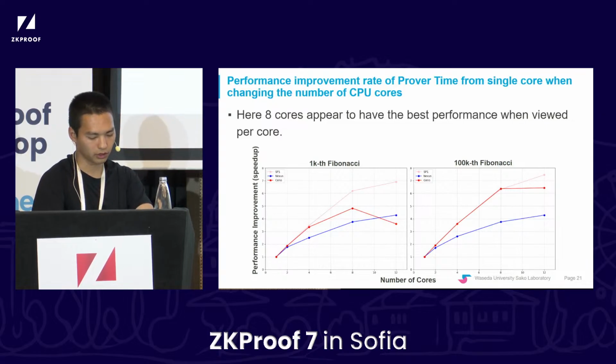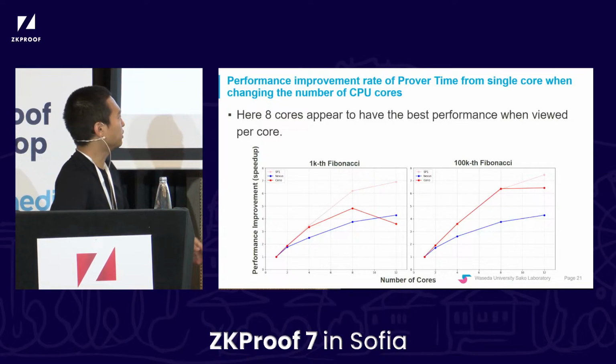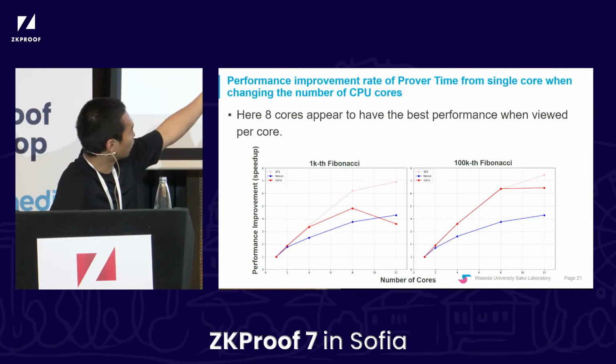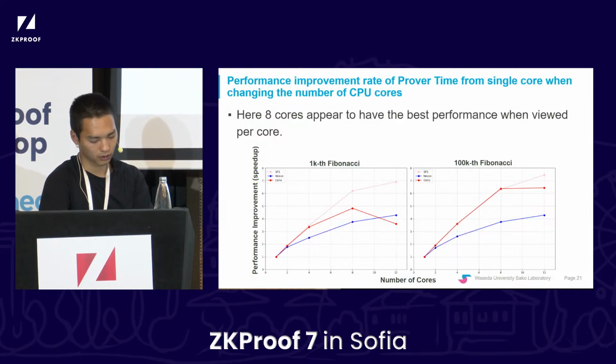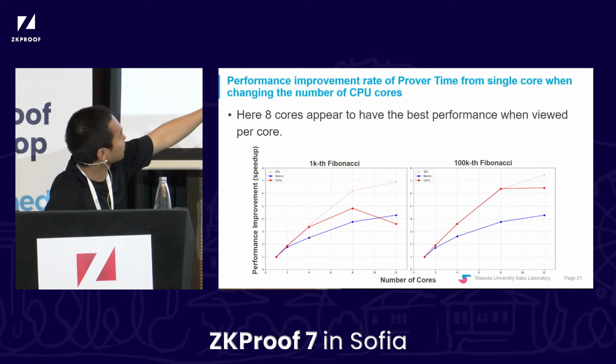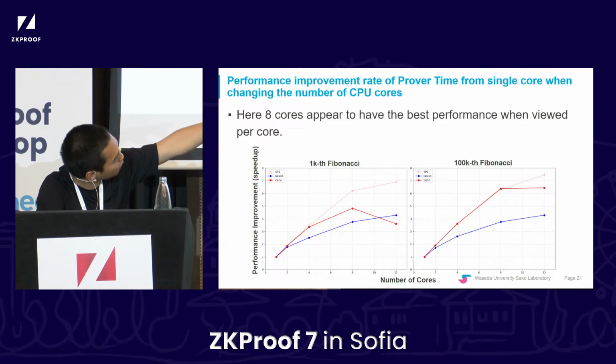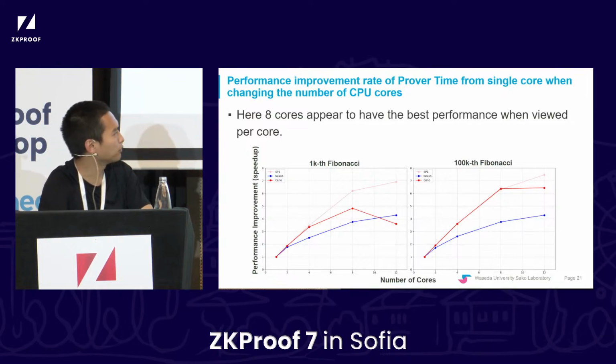To measure the parallel performance, we measured the proof generation time while varying the number of CPU cores from 2, 4, 8, and 12. The left shows the result for the 1,000 Fibonacci program, and the right shows the 100K Fibonacci program.